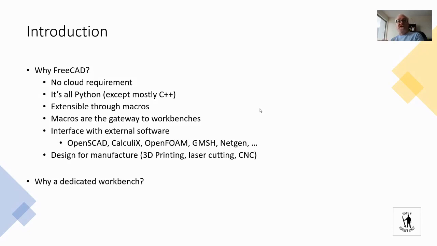So those macros are actually a pretty useful way to extend the product to create some very specialized parts or things that aren't necessarily simple from a CAD user interface point of view, but are actually pretty simple from a programming point of view. So it makes it pretty easy to do that. Now, once you've written a macro, you're halfway to creating a workbench.